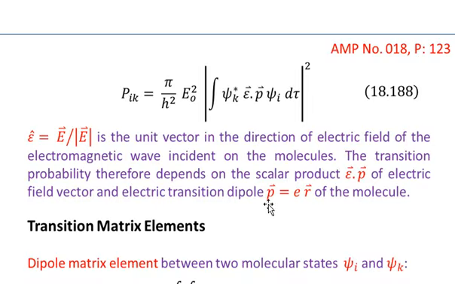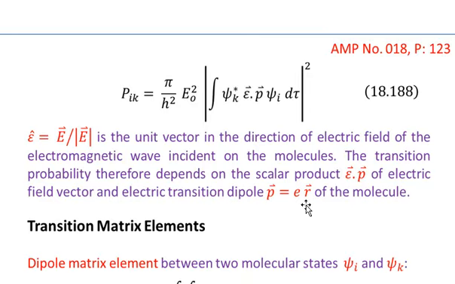P, the P vector, is equal to e times the R vector of the molecule. Since I am discussing, in equation number 188, the electronic state, for the electronic state the electric transition dipole is given by the expression P vector equals e times R vector, where e is the electronic charge on the electron that we are considering, and R is the radial distance of the electron from the center of mass.